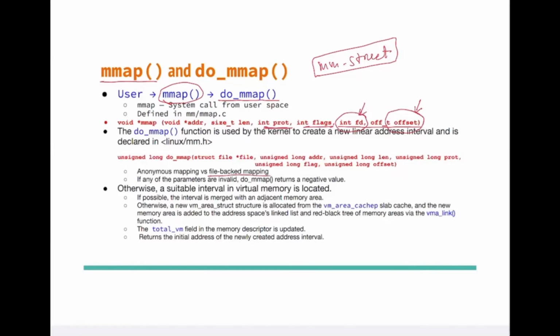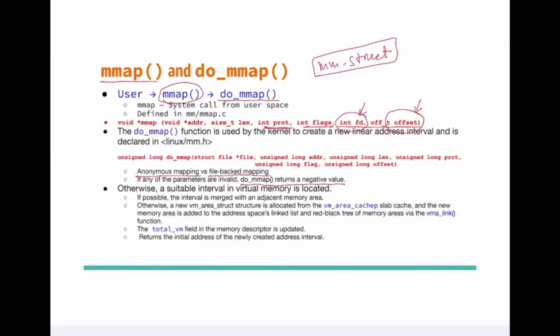And if it is not mapped with a file, then we call it an anonymous mapping. If we pass different arguments to these functions and any of the parameters are not valid, do mmap fails and it returns a negative value.